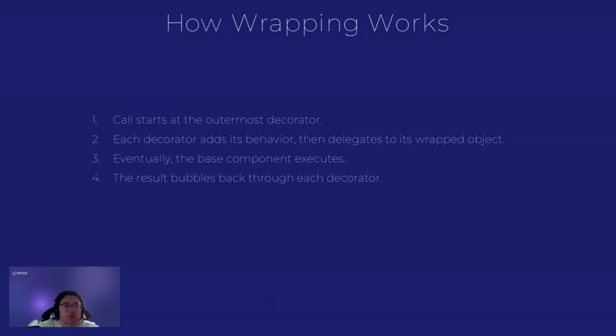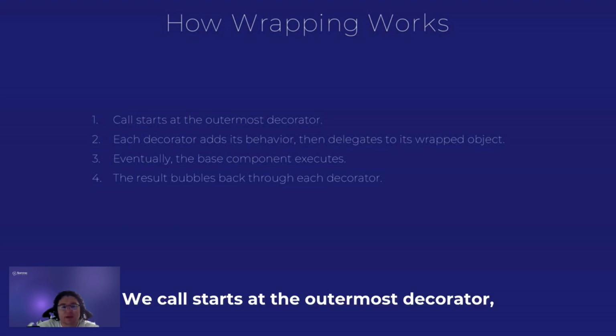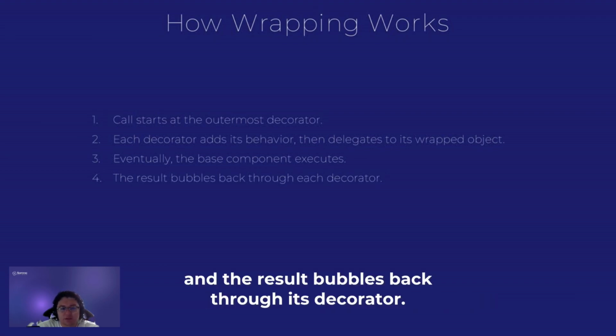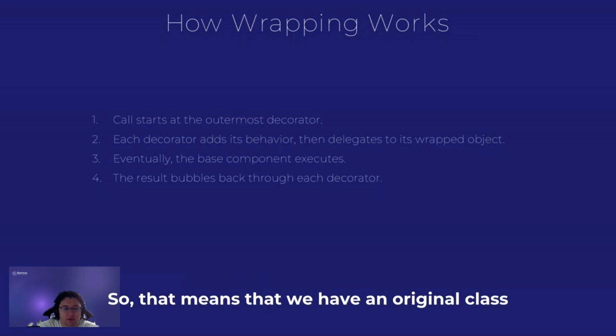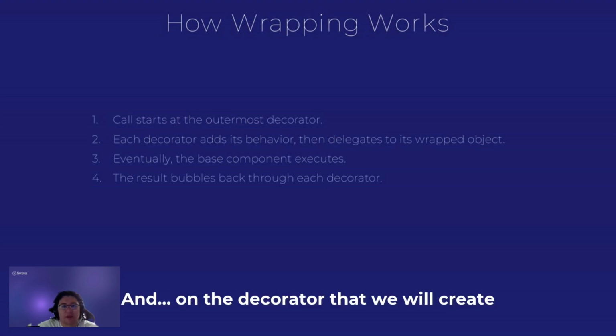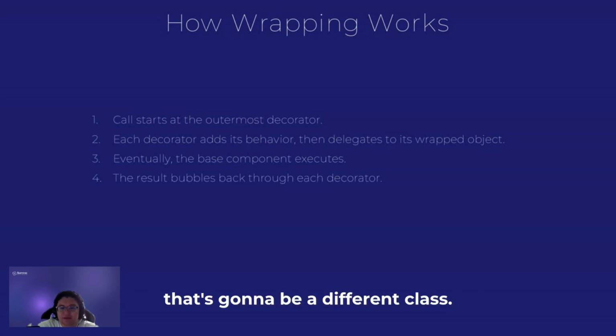How does that work? The call starts at the outermost decorator. Each decorator adds its behavior, then delegates to its wrapped object. Eventually, the base component executes, and the result bubbles back through each decorator. So that means that we have an original class that returns some functions, and those functions have some logic. The decorator that we will create is going to be a different class.